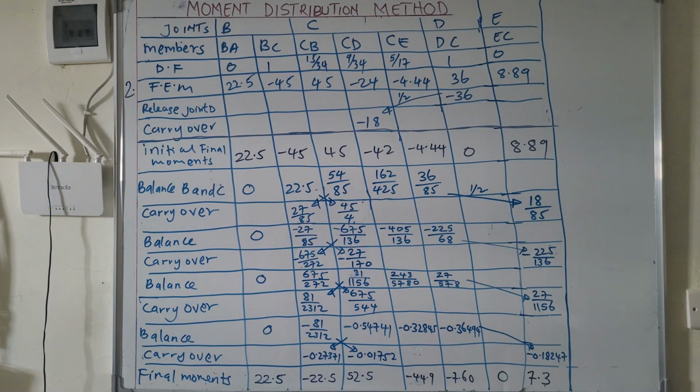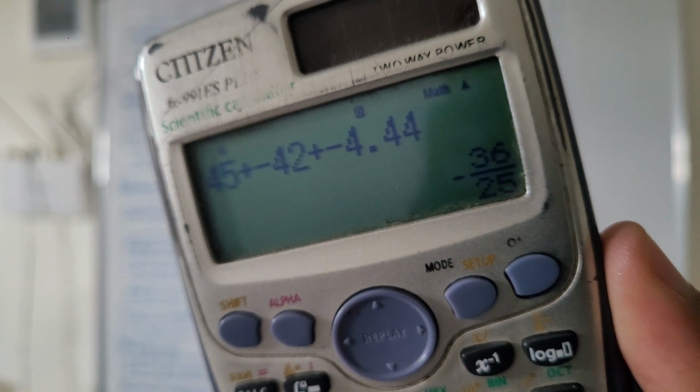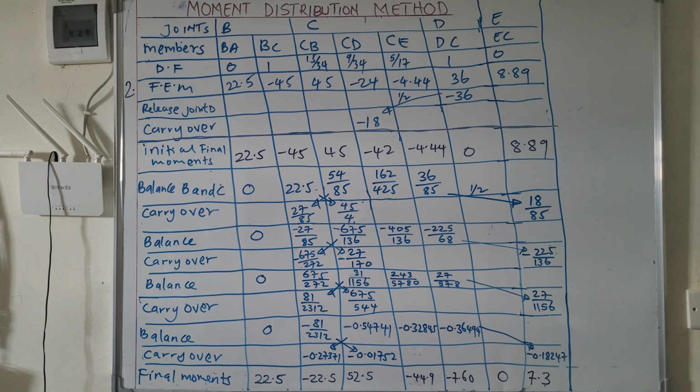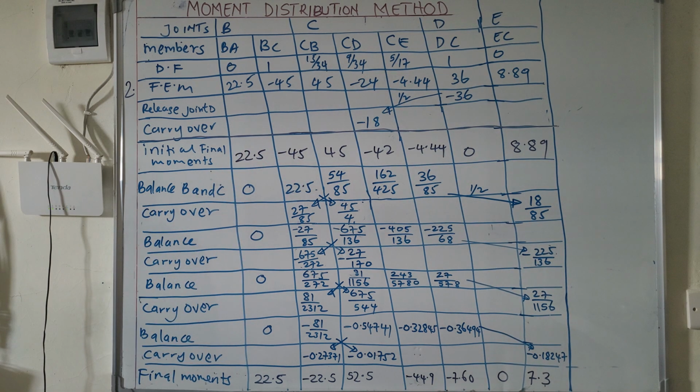So you will distribute the opposite, positive 36 over 25, by multiplying each distribution factor to make it balance. We start with positive 36 over 25 times 15 over 34. The answer is 54 over 85.